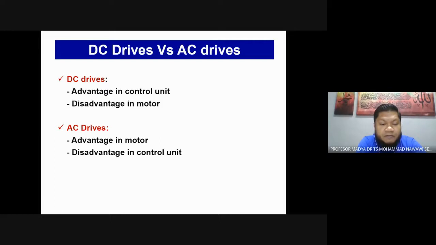But in terms of disadvantage, DC drive has more disadvantage in the motor. After this, can you quickly Google what is the advantage of the control unit for DC drive, and what is the disadvantage of the motor for the DC drive?